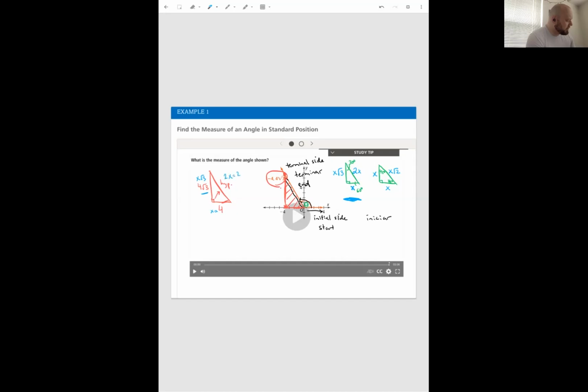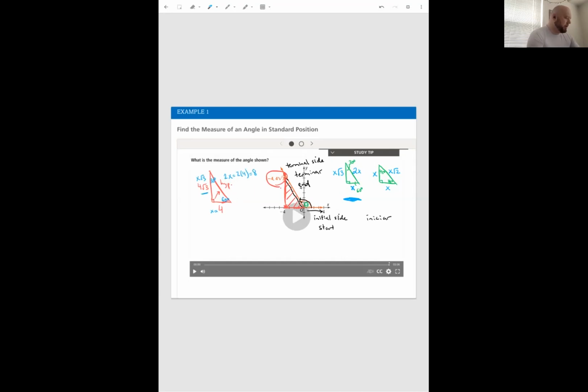And for us, that's 2 times 4, which is 8. So we know that this triangle here fits a 30, 60, 90, which means that this angle down here has to be 60 degrees. This angle up here has to be 30 degrees. So that's one way that you can figure out the hypotenuse.